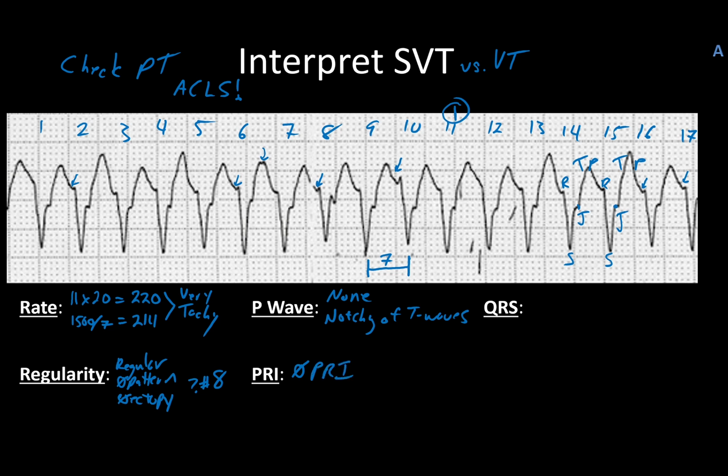The QRSs are essentially uniform. And some of the reason why beat number 8 may look weird or different is because there is that P wave at the very start. Our pattern overall is a tiny R wave, a large S wave.